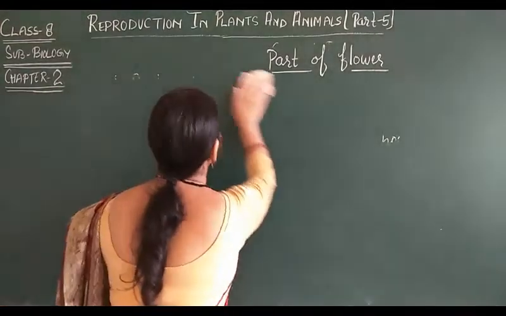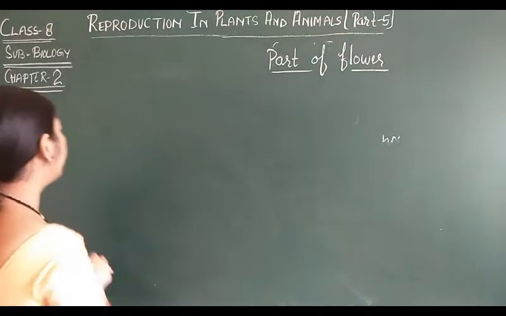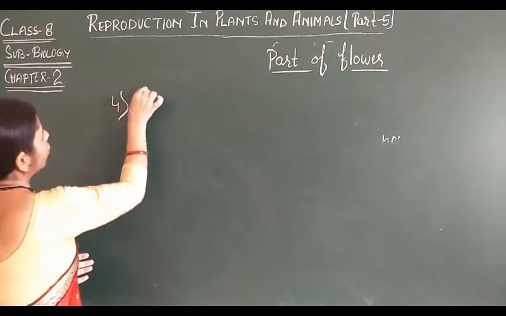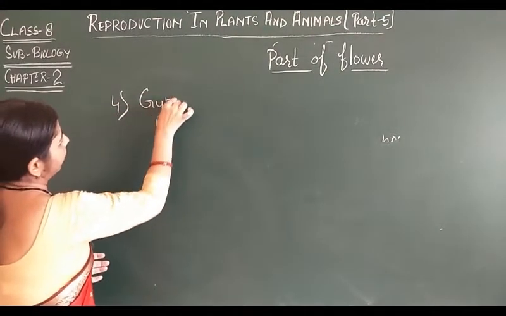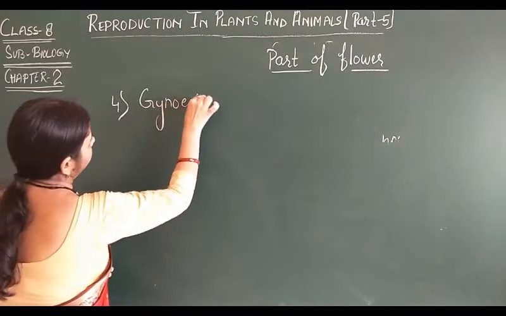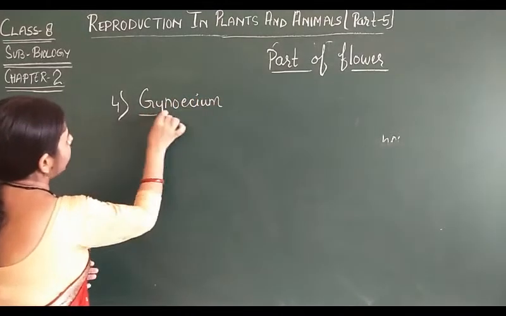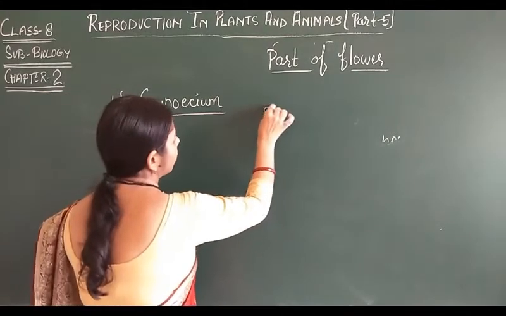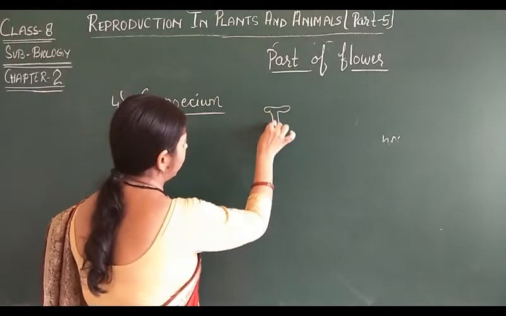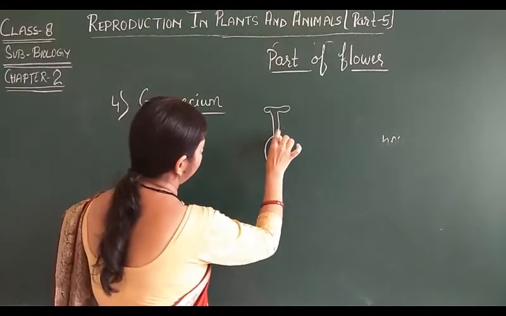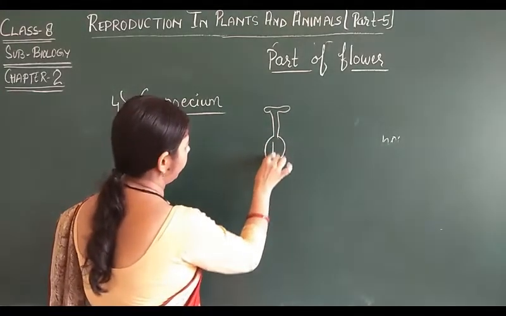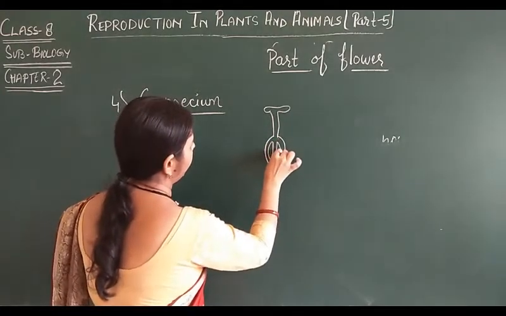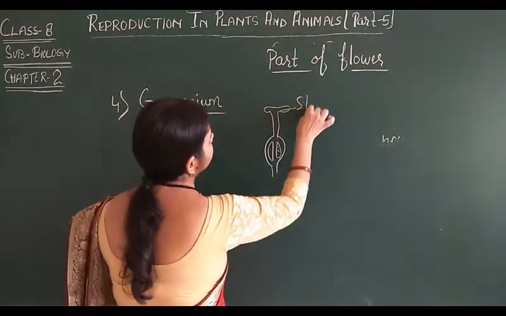Now let's see the last part of the flower, that is the gynoecium. This gynoecium has the unit called the pistil, and this type of structure is over there. This is called the stigma.